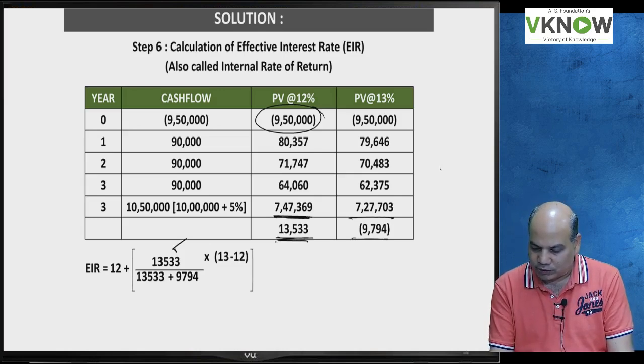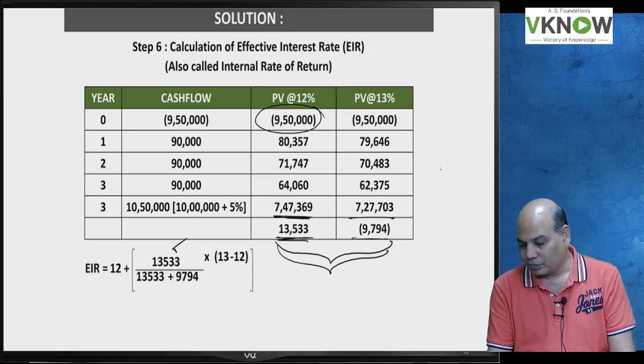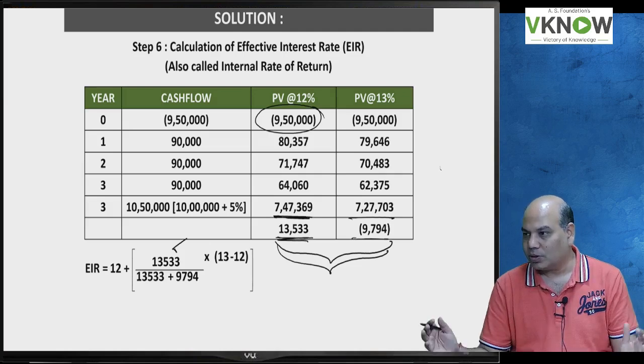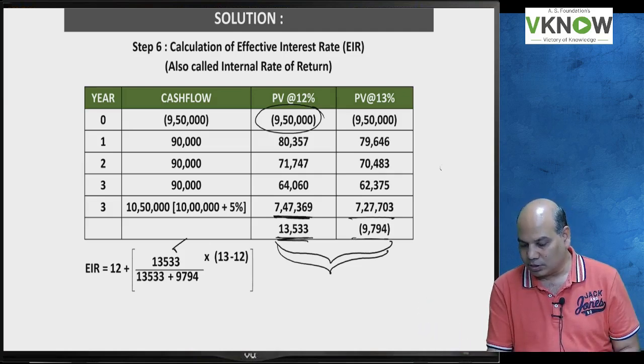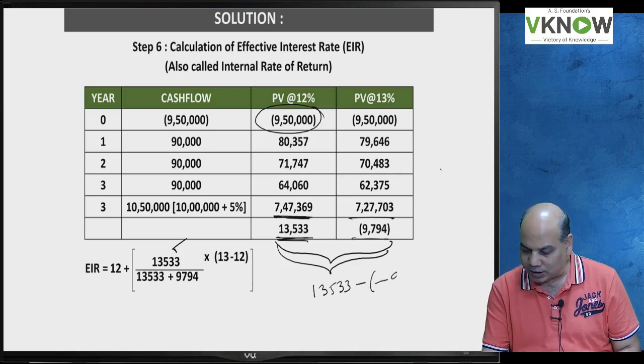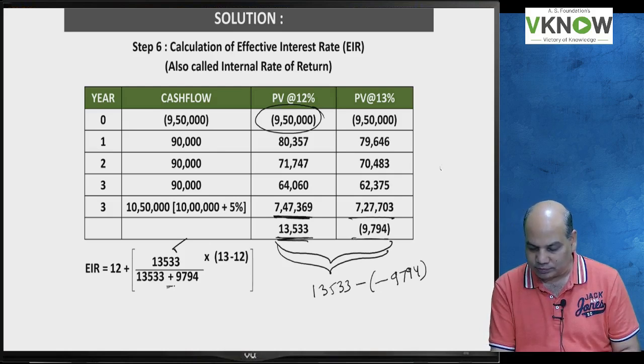In the denominator we'll take the difference between these two figures. If one is positive and one is negative, the difference will be the sum of the two. 13,533 minus 9794, which means it will become plus here.